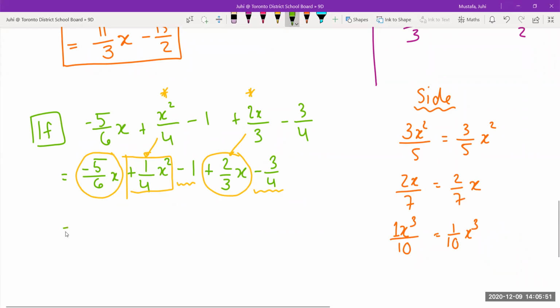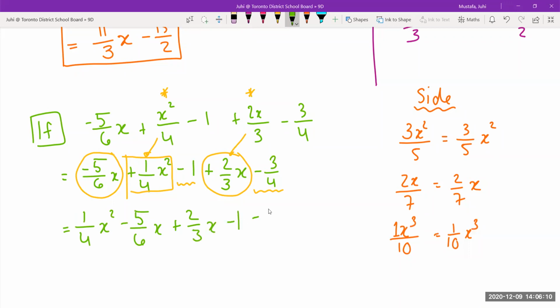Even if you didn't do that, we could do that at the end, but I always pick the exponent that is highest. So we're going to put 1 over 4x squared. And nothing is going to happen to this because there's nothing else you can add or subtract. So this will stay where it is. Then we have negative 5 over 6x plus 2 over 3x minus 1 minus 3 over 4.